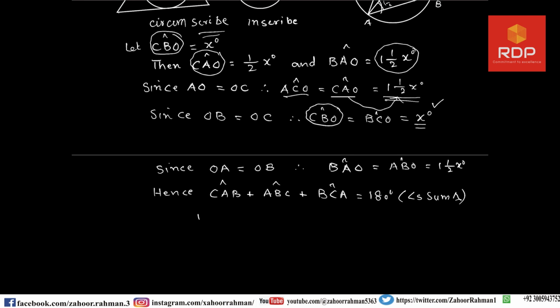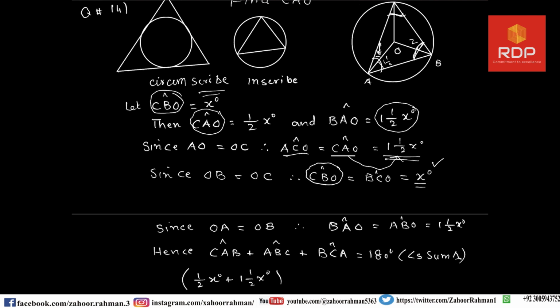For CAB, 1/2 x degree plus 1/2 x degree, because there are two parts.